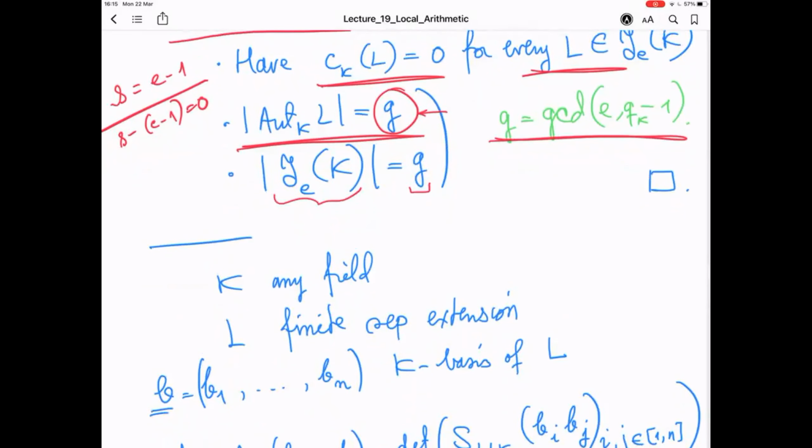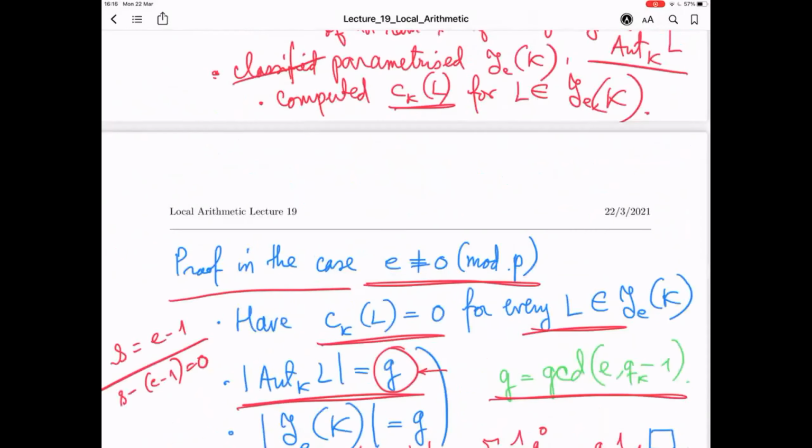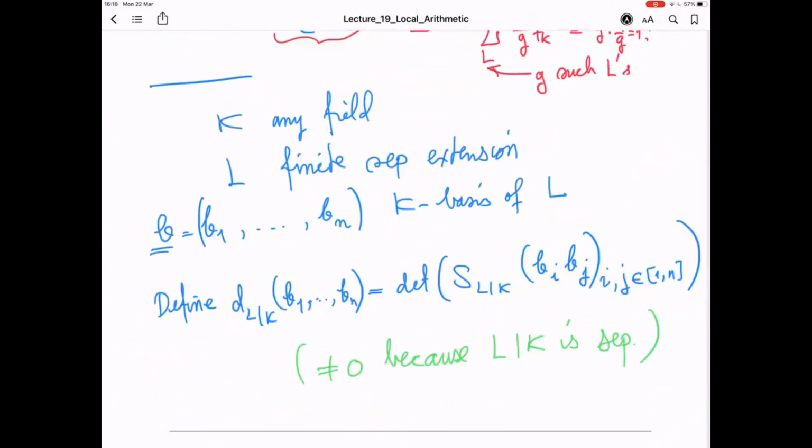So the sum becomes 1 over G, QK to the 0, and there are G such L's. So this will be G times 1 over G, and that's equal to 1. That's what this mass formula becomes.